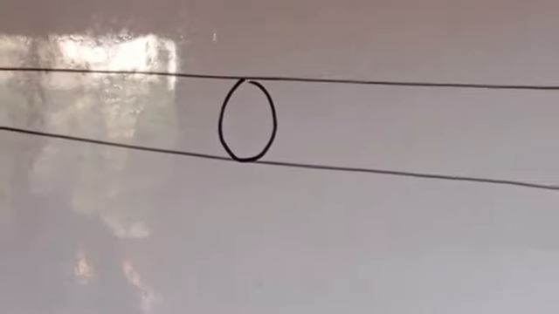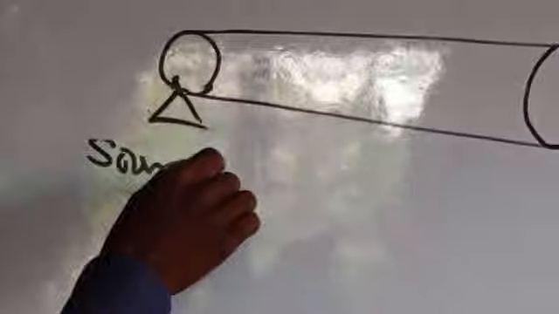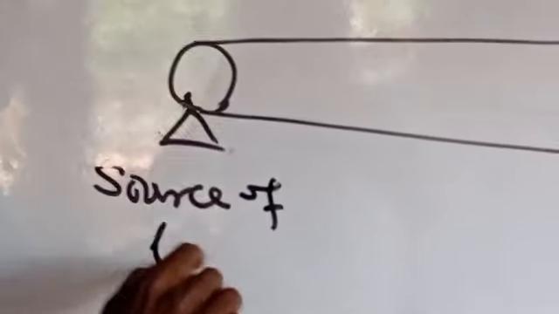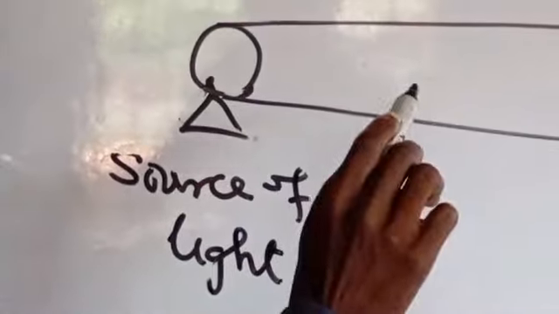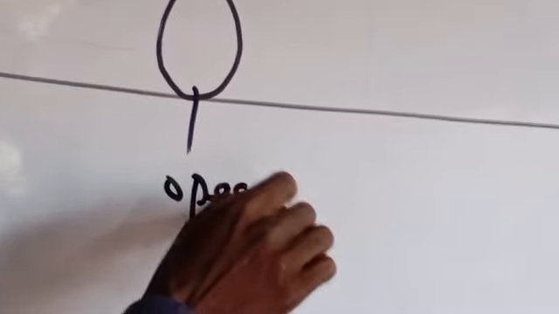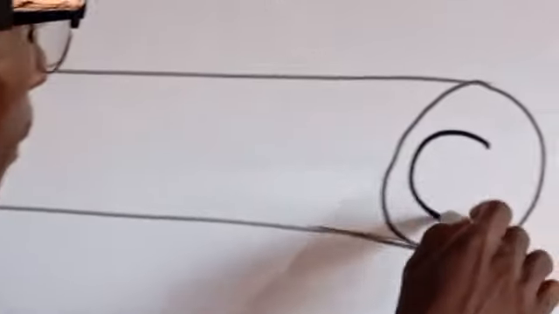I can take this as an opaque object, with the light traveling this way, and this side as the opaque. Now, if you look at the opaque, look at the object here.